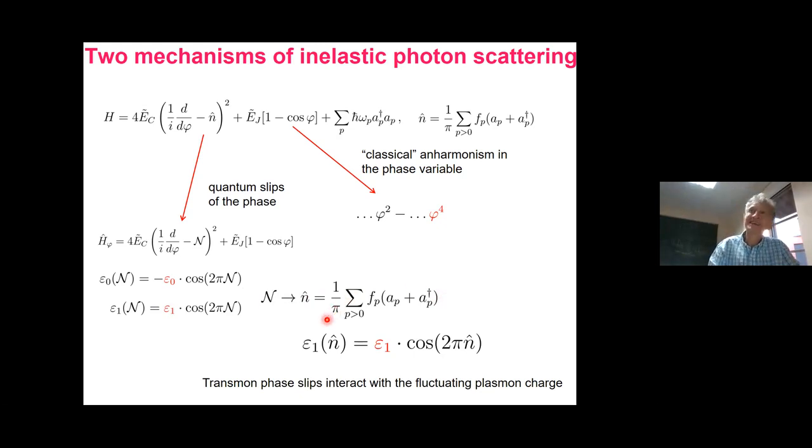So this chain of Josephson junctions supports plasmons, and these plasmons produce a back action onto the Transmon. This back action is important, and that actually allows the phase slips to interact with plasmons in the array, basically with photons, and this interaction is highly nonlinear.